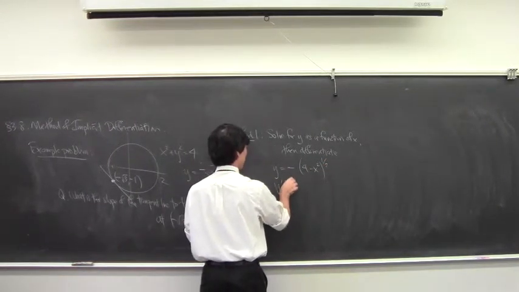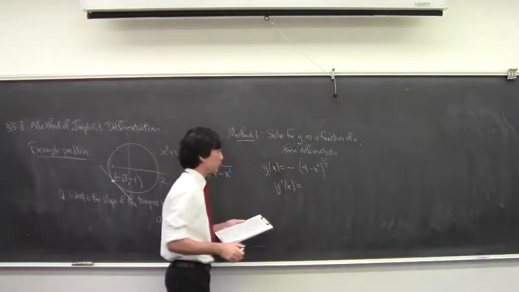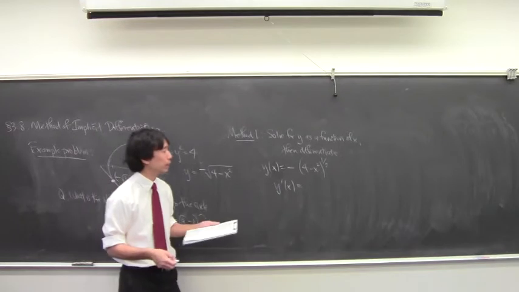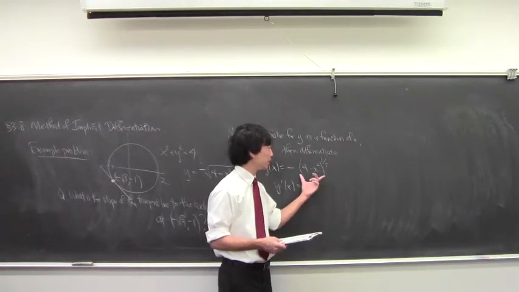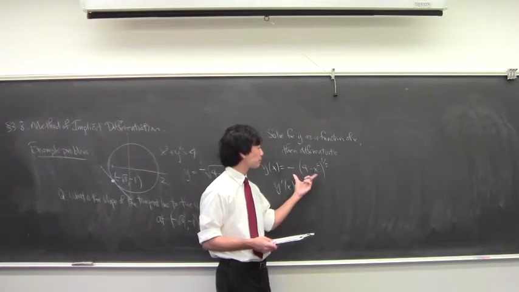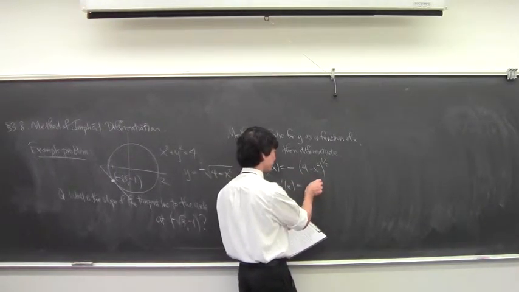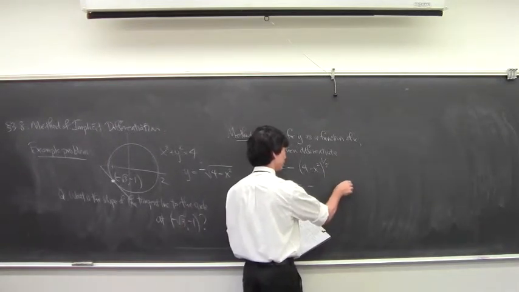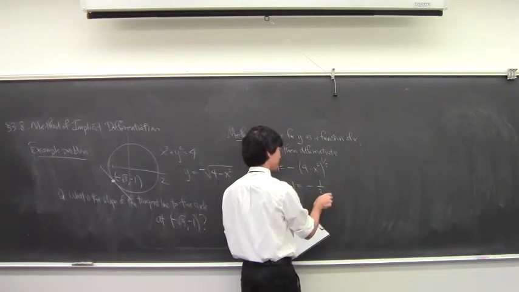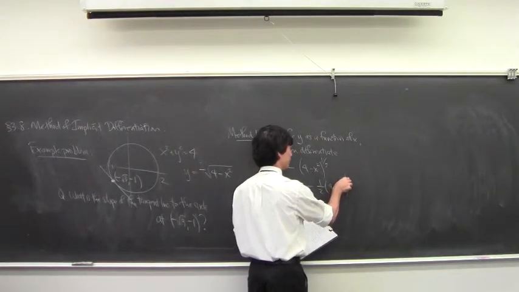You differentiate that, thinking of y as a function of x. What do you get, Marcella, when you differentiate this? Negative 1/2, 4 minus x squared to the negative 1/2.